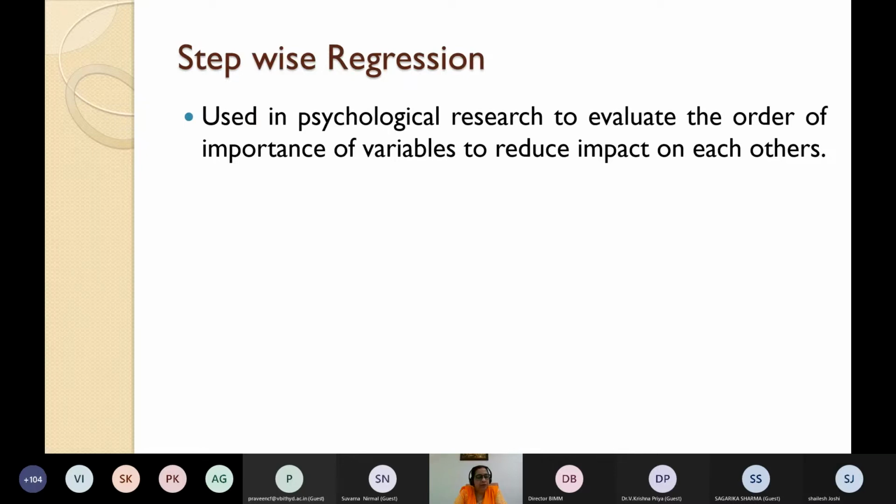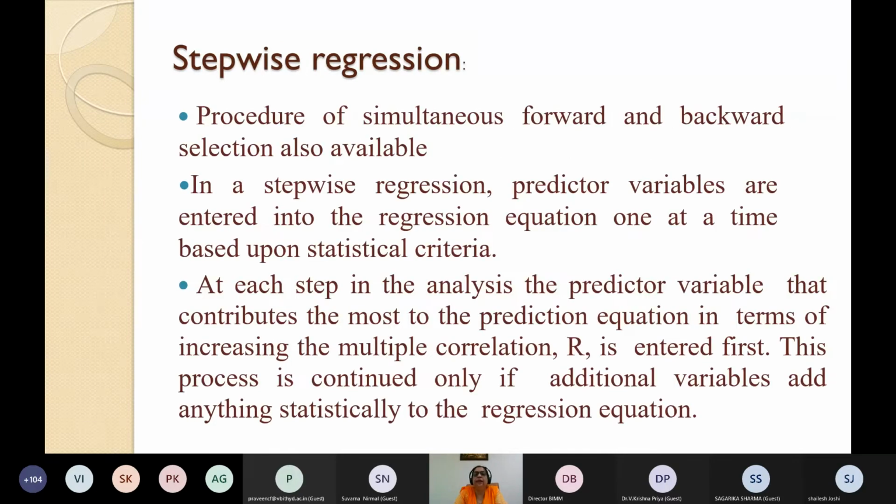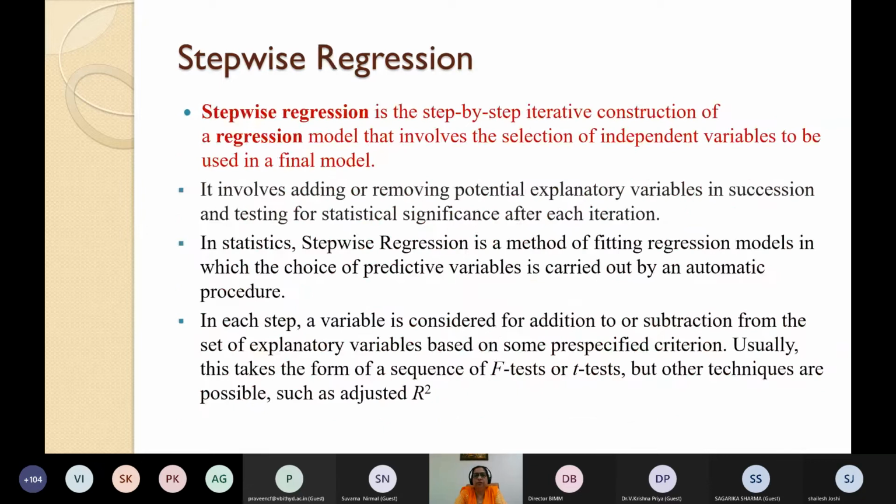And it is used in educational and psychological research to evaluate the order of importance of variables, to reduce the impact on each other, that is, minimizing the error. Some statistical criteria are used. It's a step-by-step iterative construction of a regression model that involves the selection of the variables to be used in the final model.